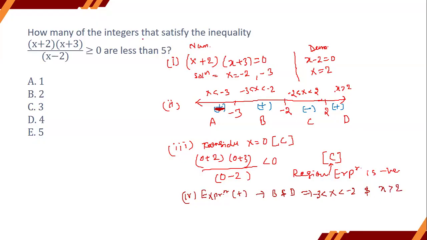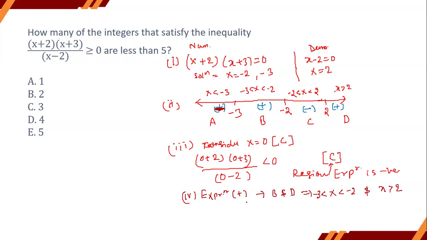Okay, and that is what the question is asking for: how many integers make this expression positive, and I will consider equal to 0 as well. So we will hold on for a few minutes. For the number of integers for which this expression is positive, those integers should be less than 5.